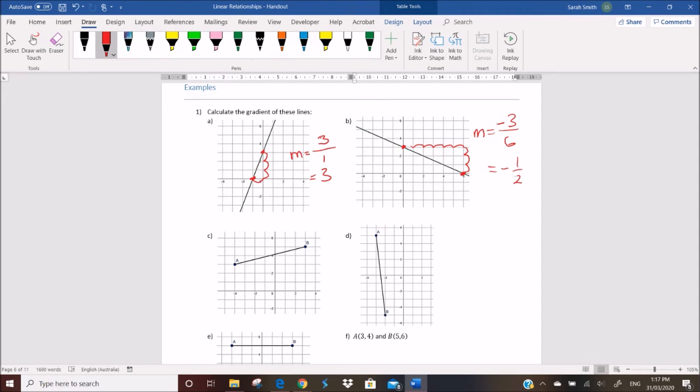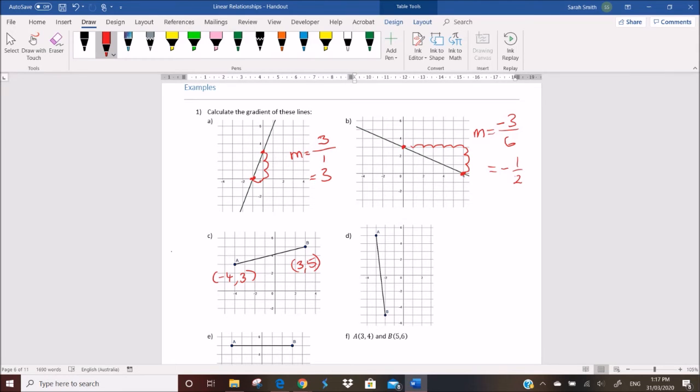For C, I've been given 2 points. Our first point over here is -4, 3, and one over here is 3, 5. Now you can choose to do either of the formulas. You can do rise over run, or you can do the difference.